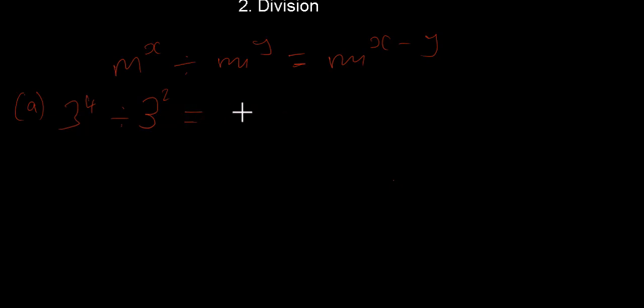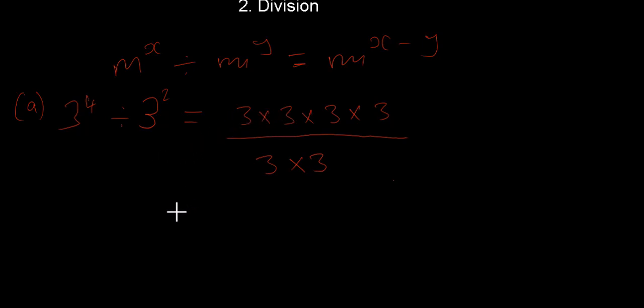We're saying 3 multiplied by 3 multiplied by 3 multiplied by 3 over 3 multiplied by 3.